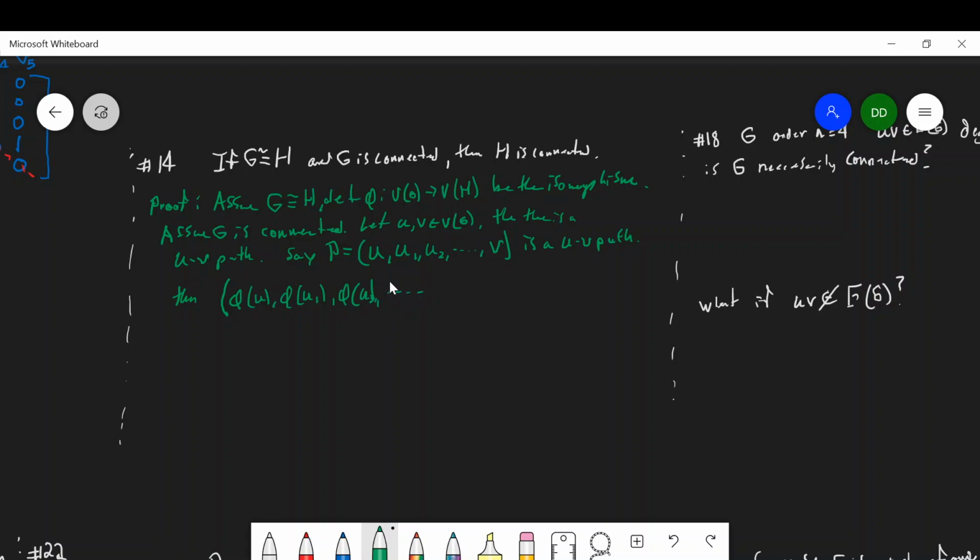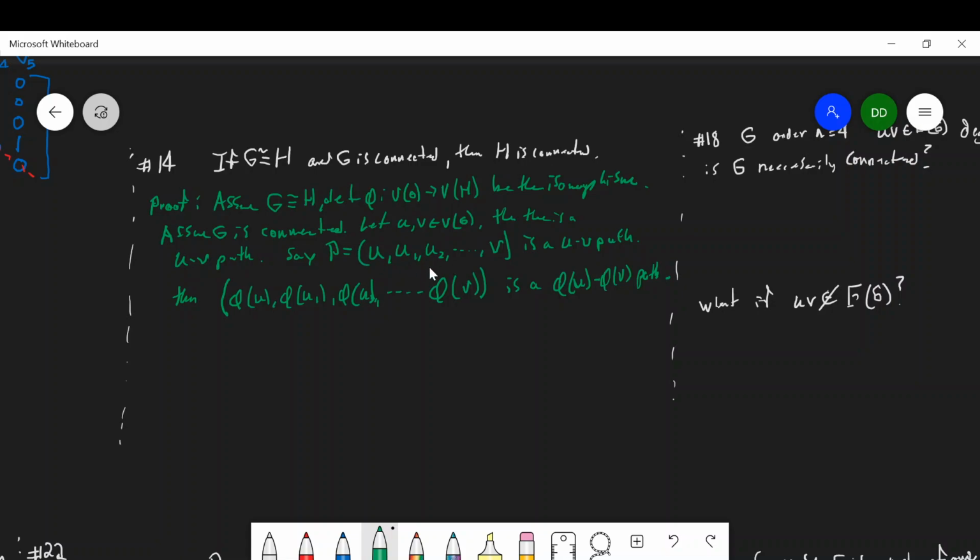So I look at the image of each one of these vertices up to phi of V is a phi of U, I want to put a dash there instead, phi of U to phi of V path.